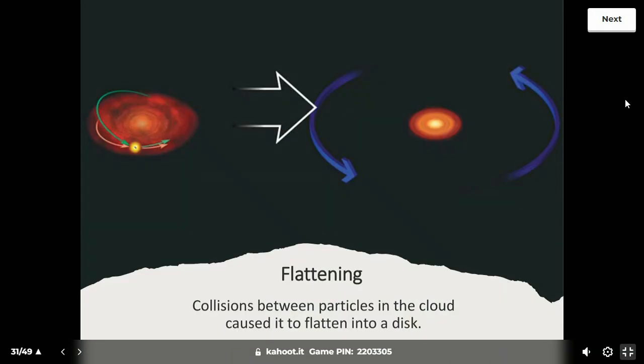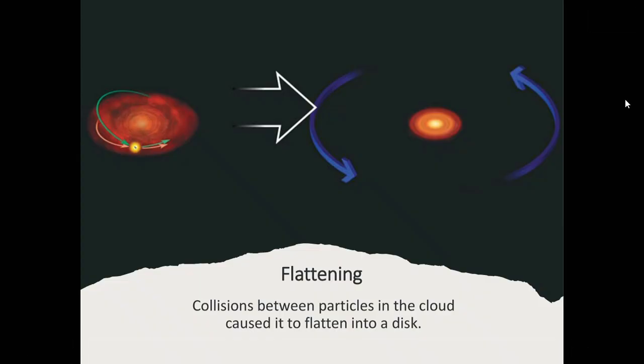Then as the gas cloud starts to collapse in on itself, why does it form a disk? You have collisions within the gas cloud. Basically all the particles are moving around and some of them are hitting each other. When two objects collide, we need to use conservation of momentum to describe that collision.